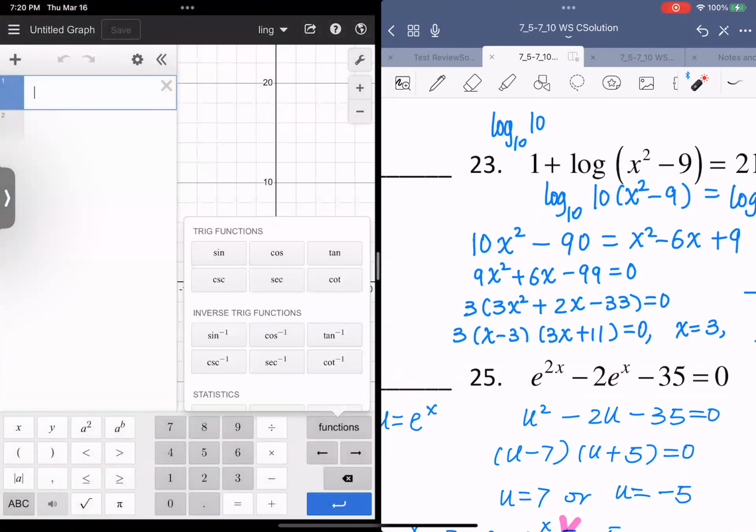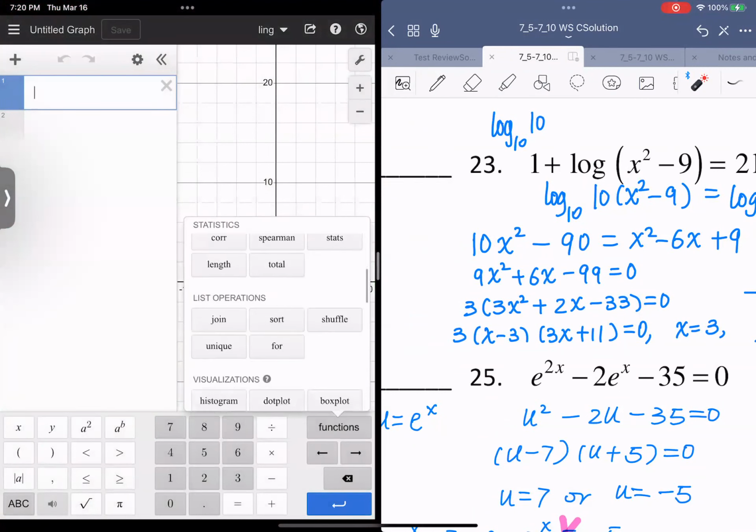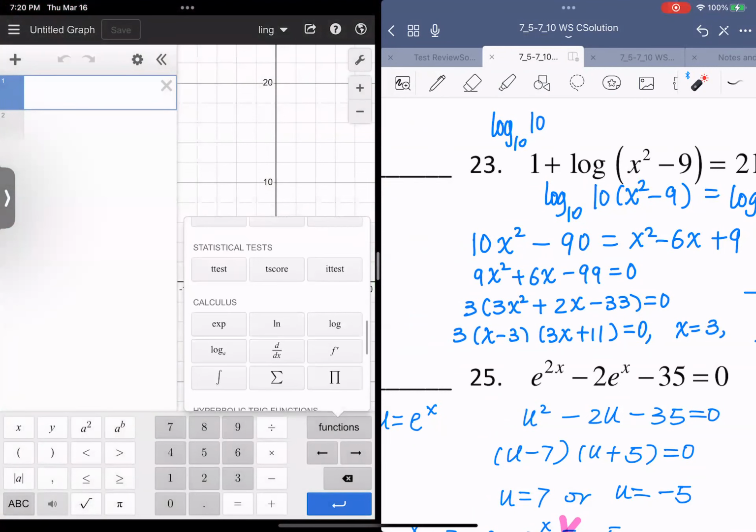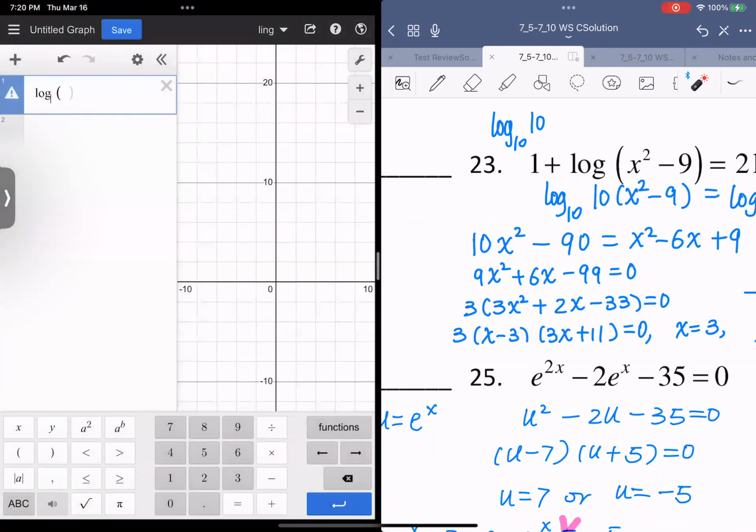You can choose any base, but all the base number here has to be positive. If you choose 2, for example, you put here this guy. You see, teacher, your graph showing x could be 0. No, x couldn't be 0.